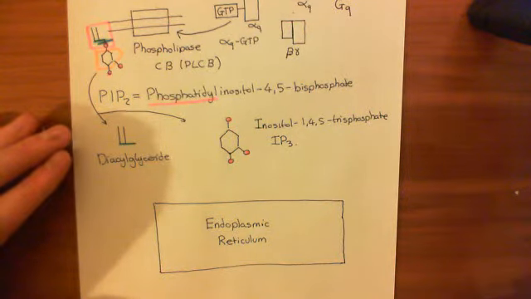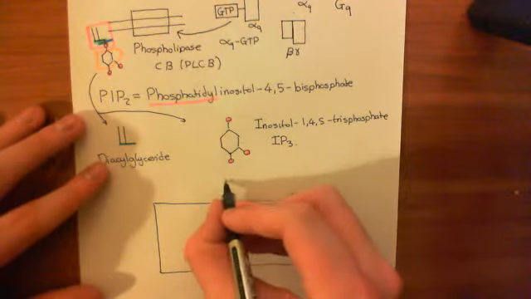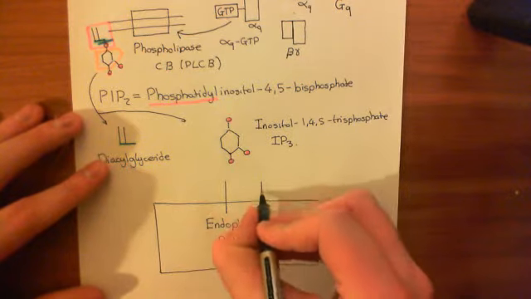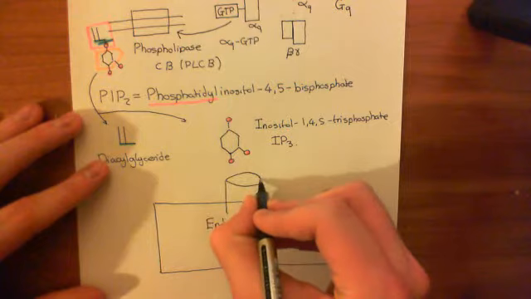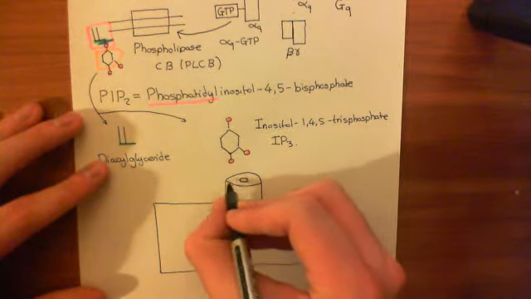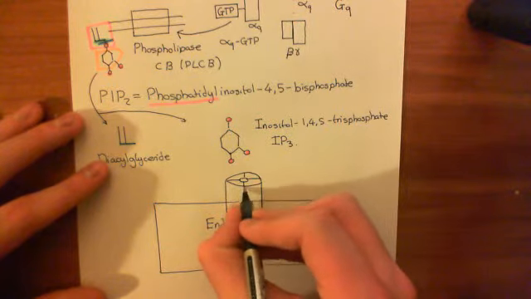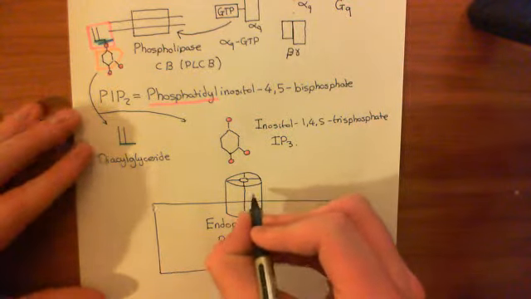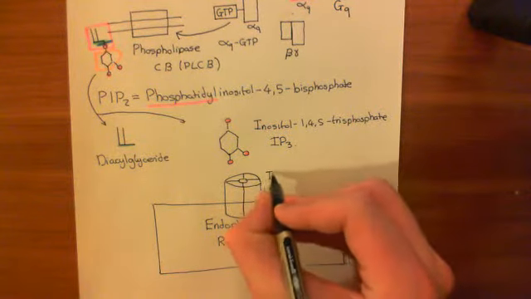And there exist channels in the membrane of the endoplasmic reticulum which allow you to do this. One of these such channels is something known as the IP3 receptor. So here, I will draw the IP3 receptor. Basically, the IP3 receptor is made up of 4 separate subunits. Okay, so 4 separate proteins all come together to make this IP3 receptor here.